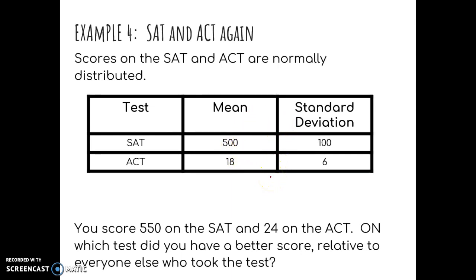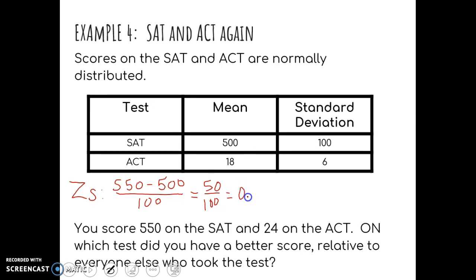We're going to use it because this is what they're saying it is at this point. So first we're going to find the z-score for the SAT. So that score was 550 and the mean was 500. So minus 500 over the standard deviation, which is 100. So that's 50 over 100, which is basically 1/2 or 0.5.